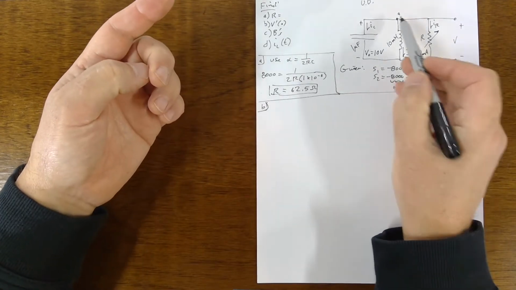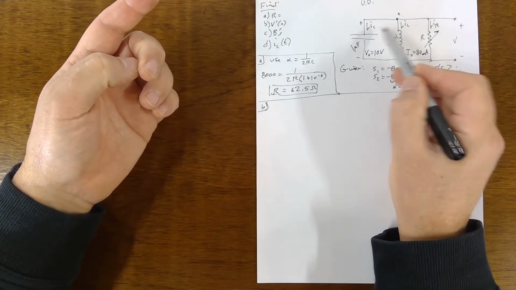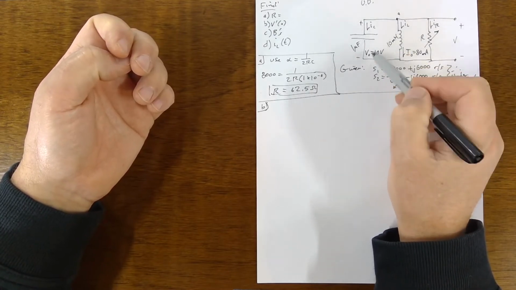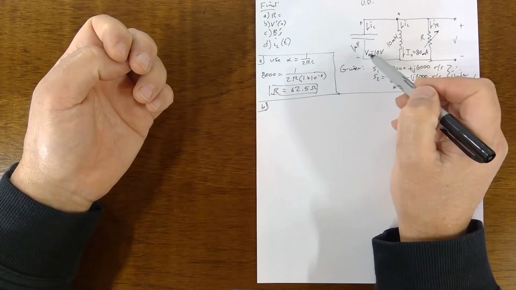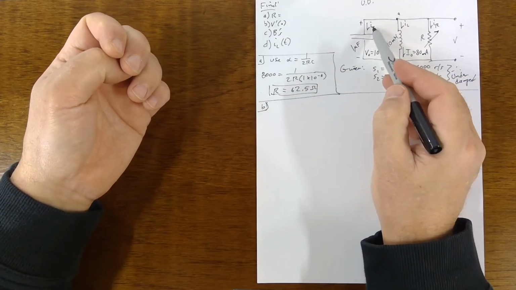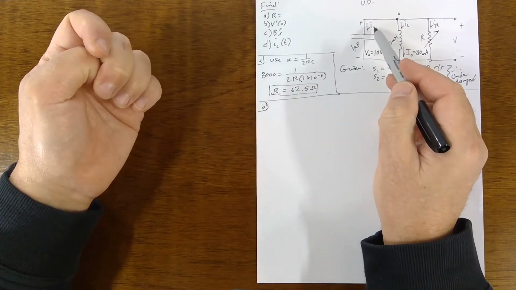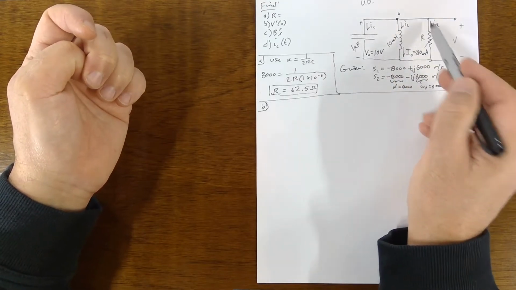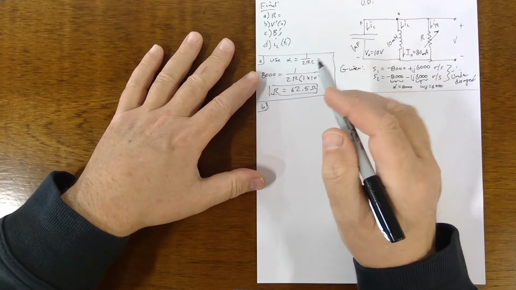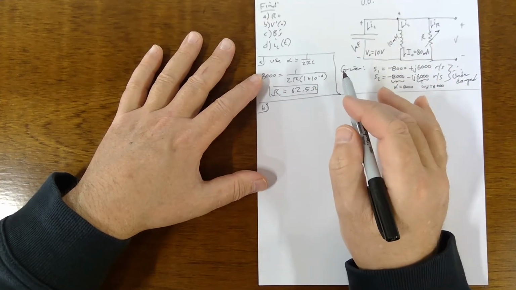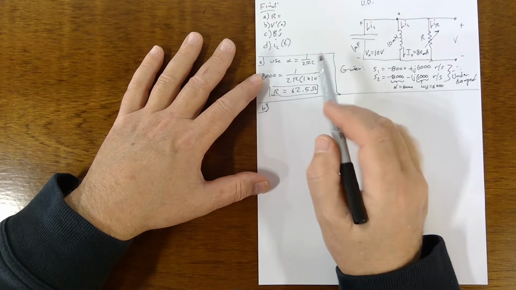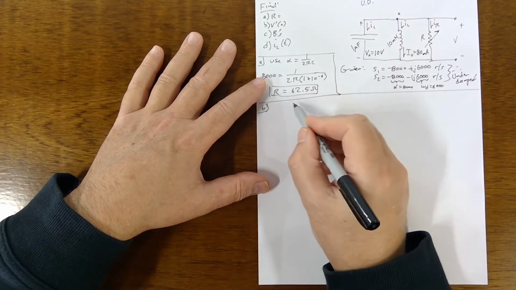One is KCL at A, add up these three currents at A. The other one is I equals CV prime, which relates V prime, in this case, to the capacitance and the current through the capacitance. And the other one is Ohm's law. We're going to use those in different sequences for this problem. There's kind of two halves to this problem.